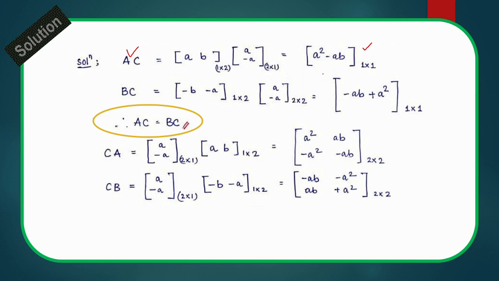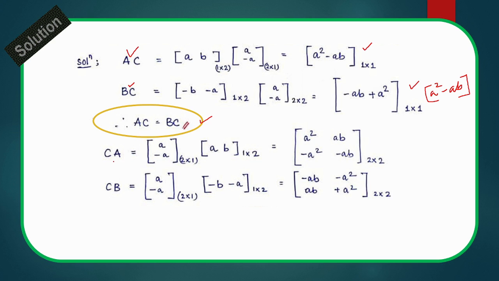This is the matrix AC. BC, what is BC? BC is minus AB plus A square, or you can say A square minus AB. So AC and BC are equal. So AC equal to BC. I think this is one of the options, so it will be right.